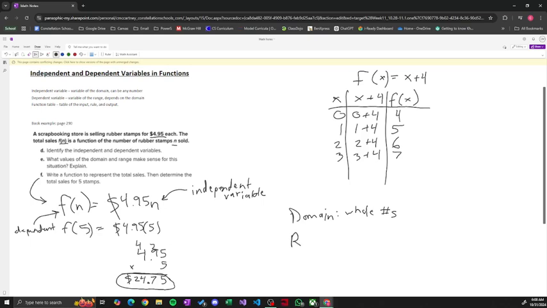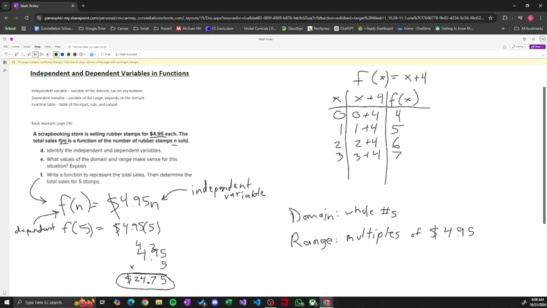The range for this situation is going to be multiples of $4.95 because each stamp costs $4.95.